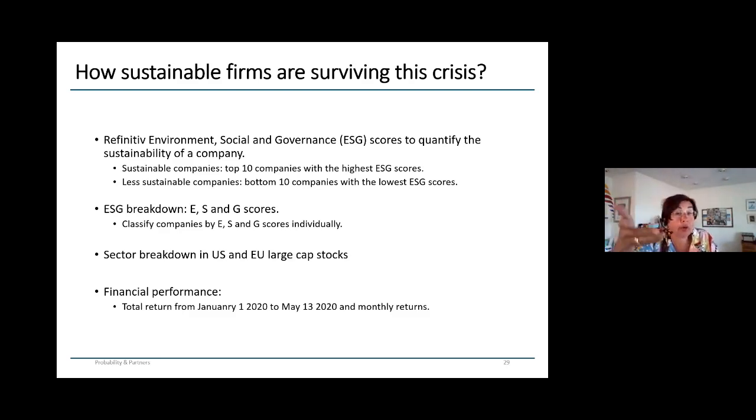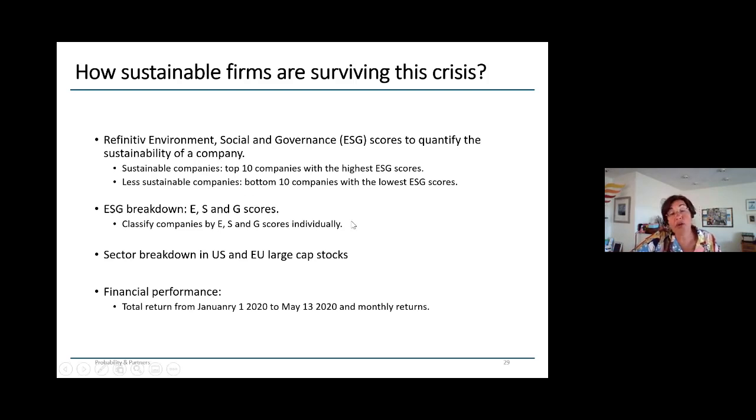So if your portfolio is already invested in sustainable firms, are you doing better or worse right now than, let's say, a benchmark? So we used Refinitiv ESG scores and we look, let's say, at the top 10 companies with the highest ESG score and the bottom 10 companies with the lowest. And we also look at the individual environmental, societal, and governance scores individually. And we do it both for EU and US.